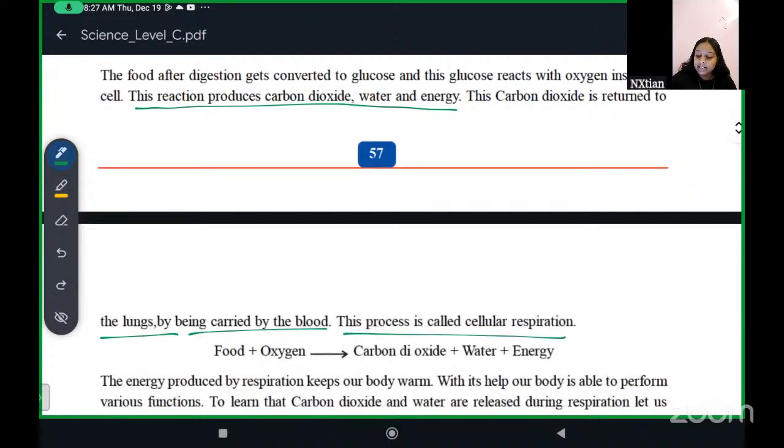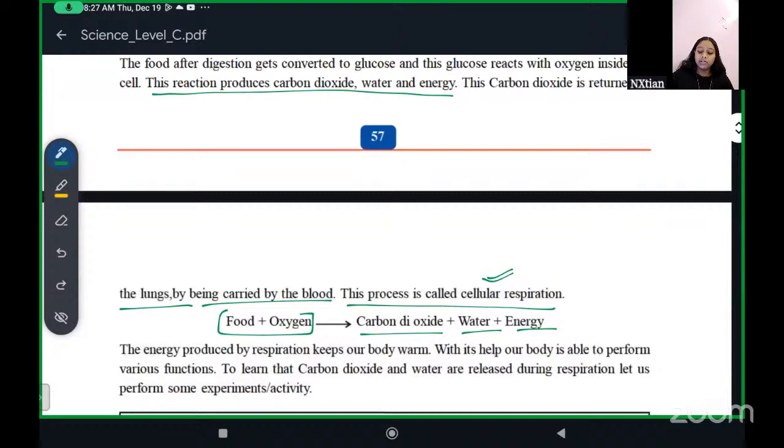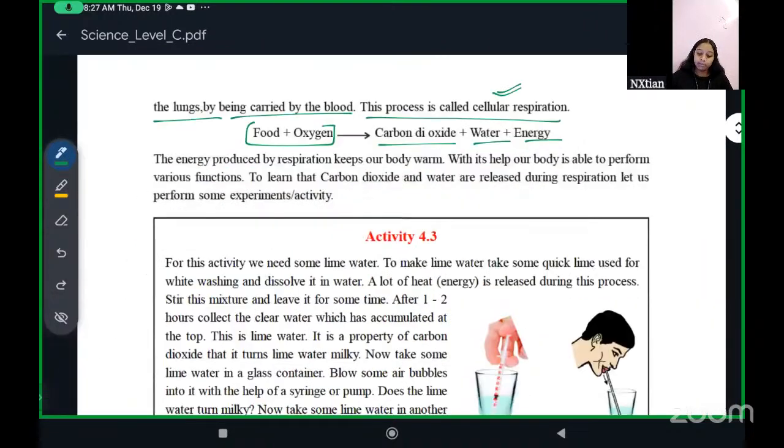This is known as cellular respiration. Food and oxygen react together and release CO2, water, and energy.